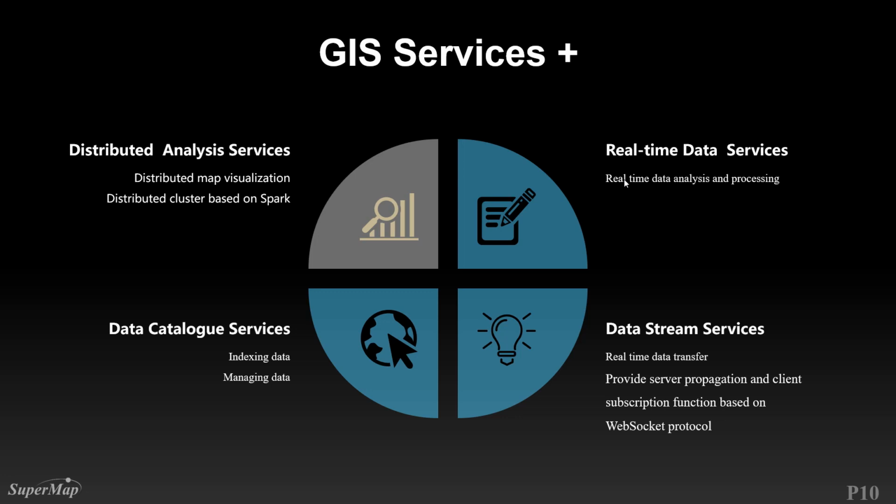Okay, now let's move on to the final supporting service, the data stream service. The data stream service supports real-time data transformation, which is a server propagation and a client subscription function provided based on the WebSocket communication to achieve real-time data transformation between the server and the client.